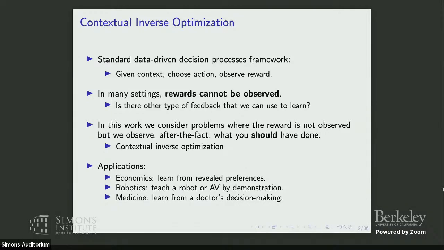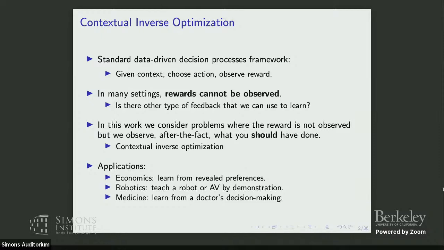In robotics, people use this stuff a lot. It's often called inverse reinforcement learning there, where it's very hard to give a utility function to a robot or an autonomous vehicle, but you can tell an autonomous vehicle, you made the right thing here, you should have done this.